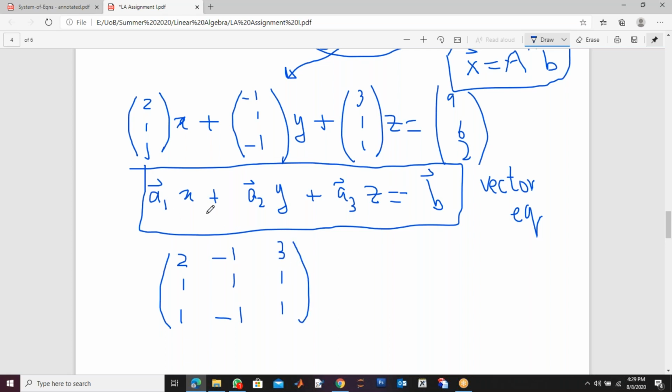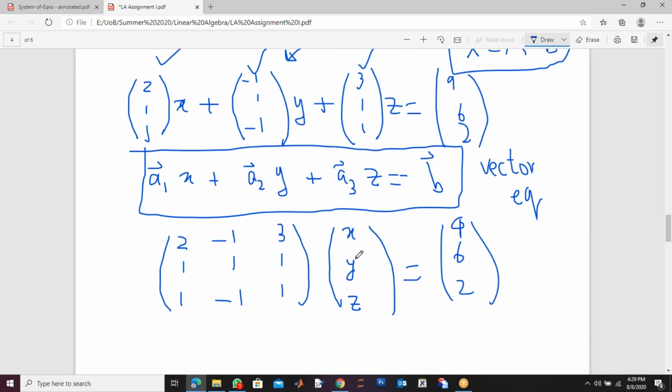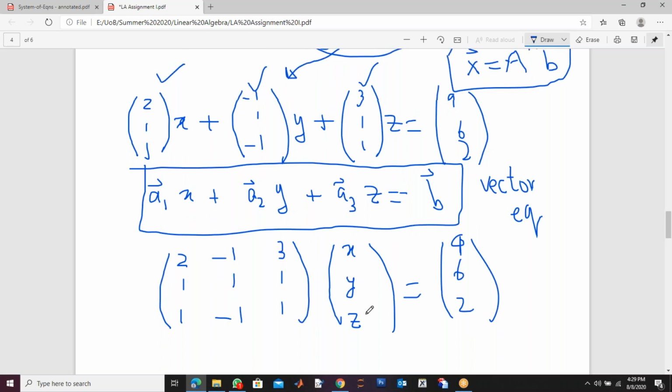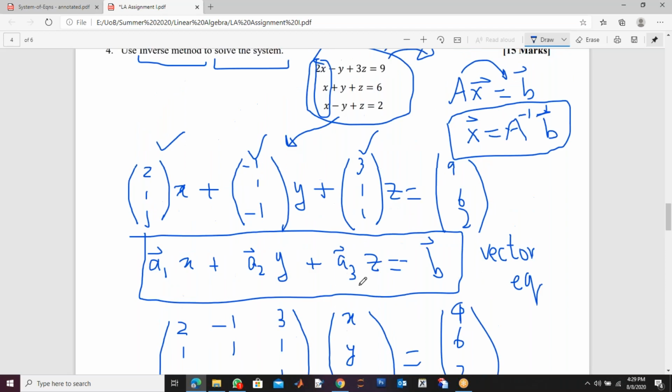If I write these vectors a1, a2, a3 as one matrix, and write x, y, z as a vector, and multiply this matrix with the vector, you will exactly get the left hand side. You can check it. 2 into x minus 1 into y plus 3 into z. See what you got? 2x minus y plus 3z.